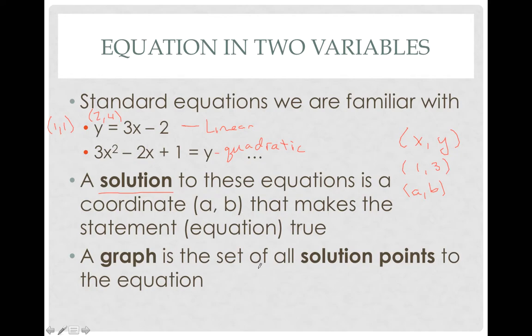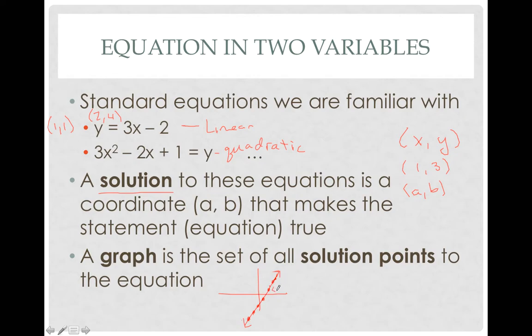Most of us have just thought of linear equations, that's 3x minus 2, so it looks a little bit something like this, as just a line. But some people forget that it's not really a line, it's just a whole bunch of points. And it's a set of infinitely many points. They're really, really close together. And all of these points on this line are solutions to this equation.